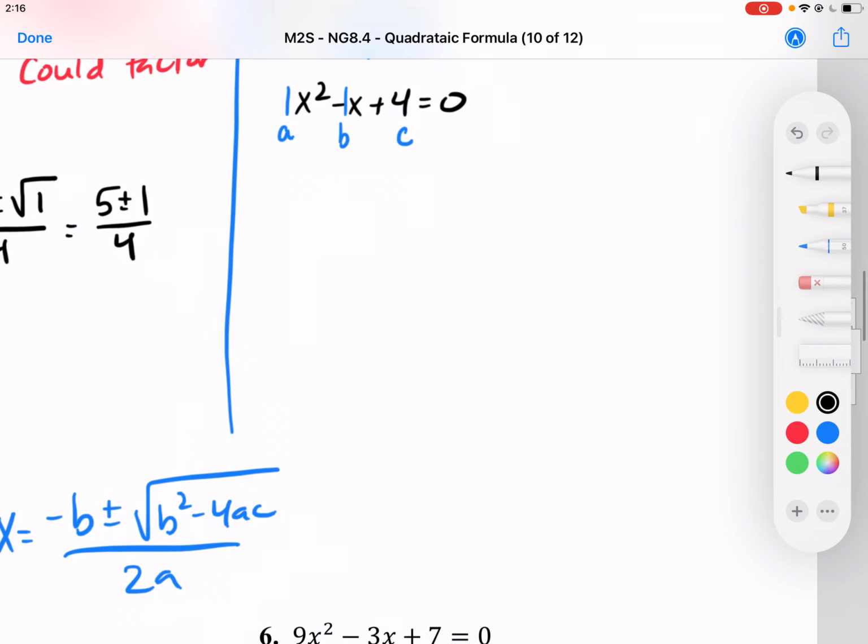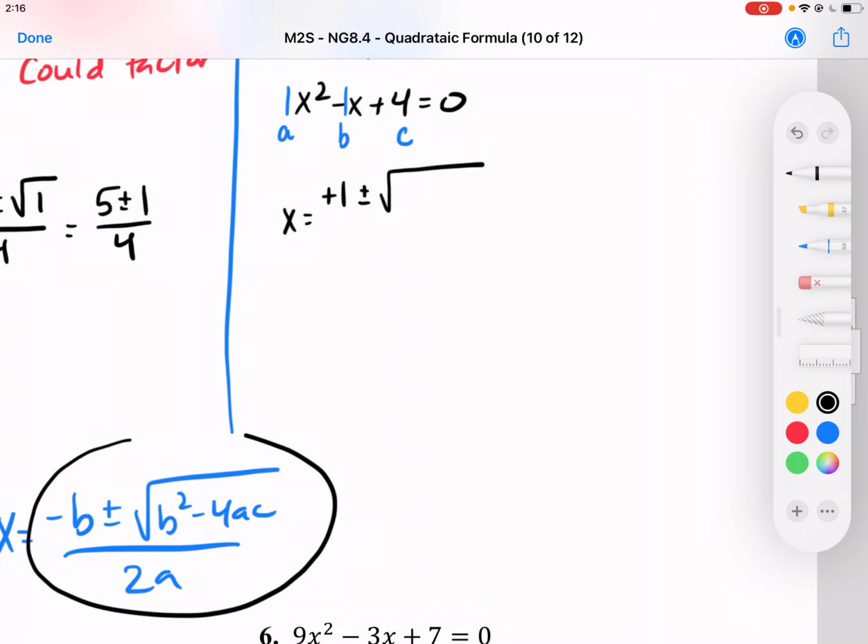So we can go ahead and use this formula down here. So x equals the opposite of b, so positive 1, plus or minus the square root of b squared, so negative 1 squared, minus 4 times a times c. All of that's over 2 times a.